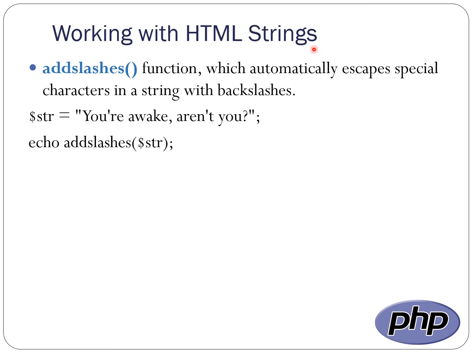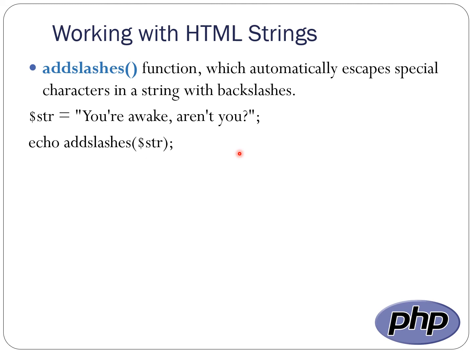Then, working with HTML strings, the addslashes function automatically escapes special characters in a string with backslashes. Here we have a string value, "you are awake, aren't you?" Echo addslashes of $str.